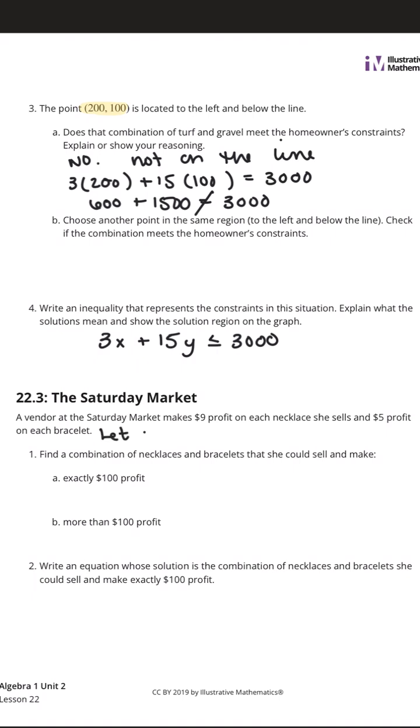We'll let n be the number of necklaces. And we'll go with b for the number of bracelets that she sells. Pause the video. Go through questions 1 and 2, and come back and check your answers.